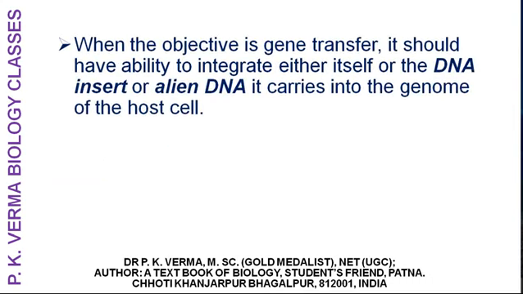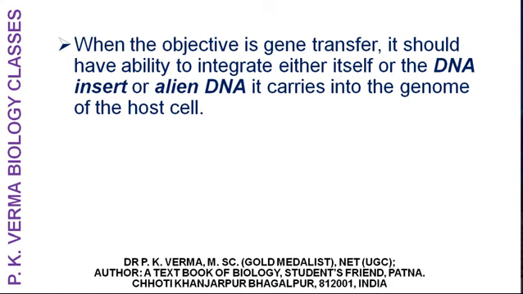When the objective is gene transfer, the vector should have the ability to integrate either itself or the DNA insert, or the alien DNA it carries, into the genome of the host cell. So just entry of the DNA into the host cell is not sufficient.